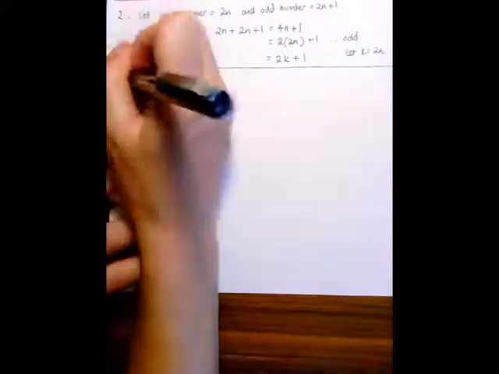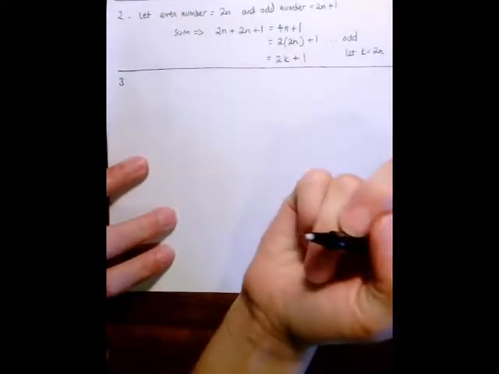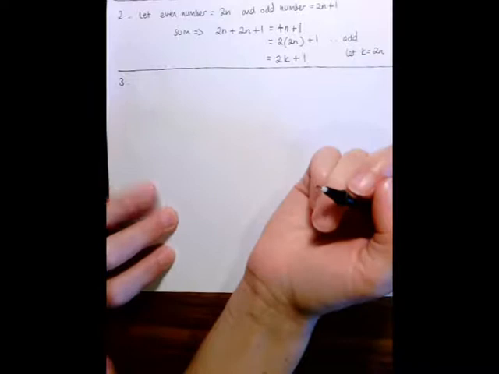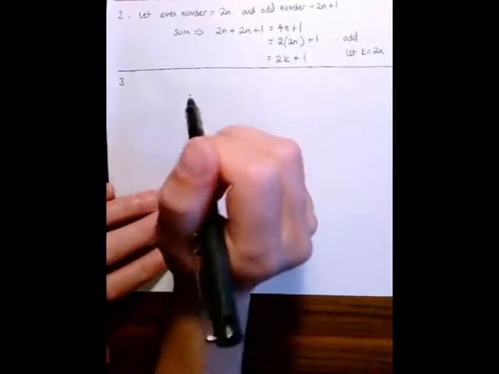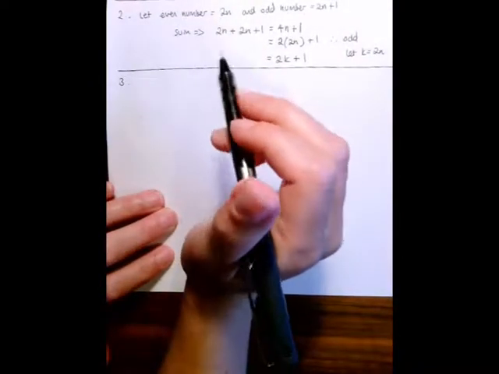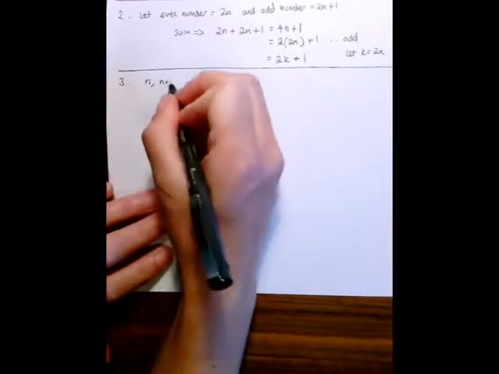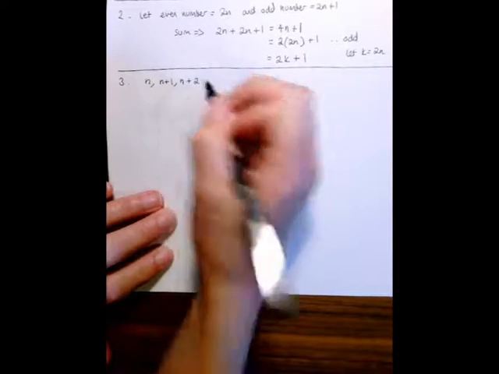Okay, number 3. Prove that the sum of any 3 consecutive integers is always a multiple of 3. So there's a few different ways you can do this, but I'm going to think of it as if my first number is n, the consecutive numbers would be n add 1 and then n add 2.